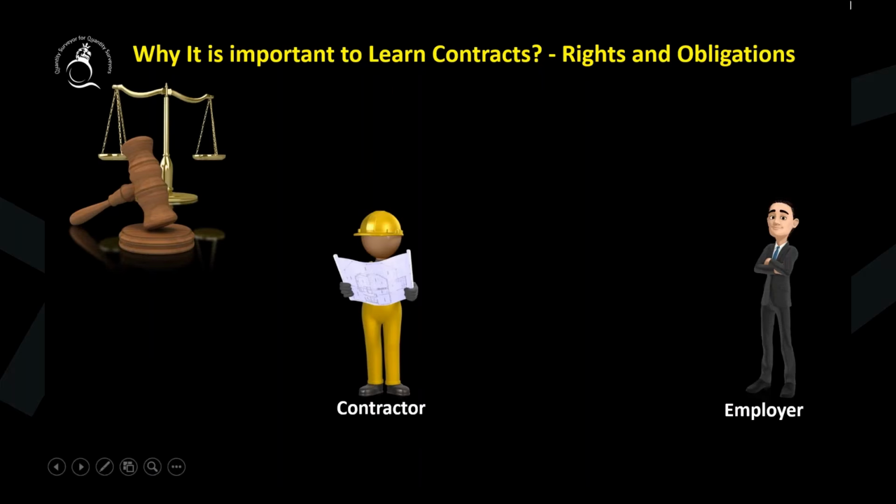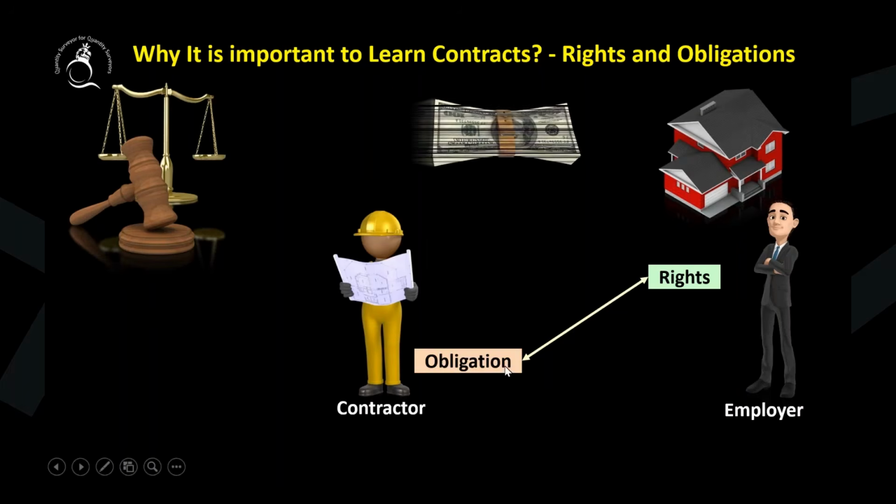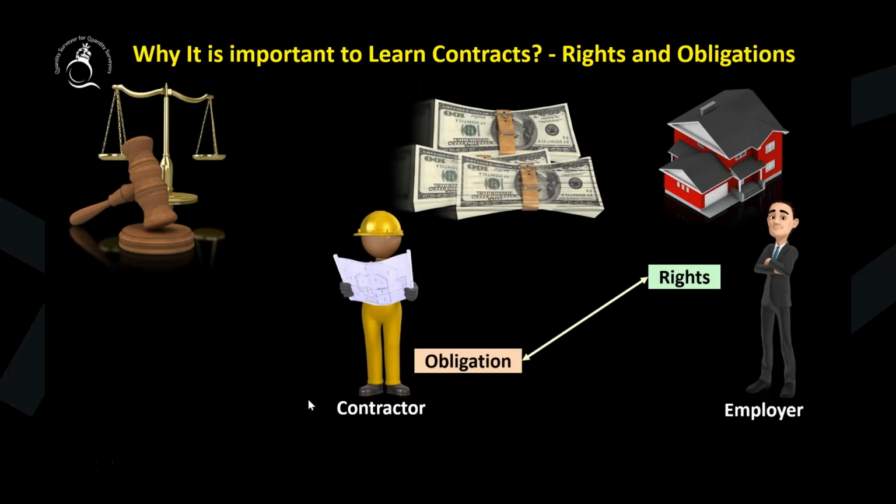What the employer wants is to construct his building based on his contractual requirement, drawing, specification, whatever it is. That is his right. What is the contractor's obligation? He needs to do the building construction based on the contractual requirement. That is his obligation. See, the employer's rights become the contractor's obligation.